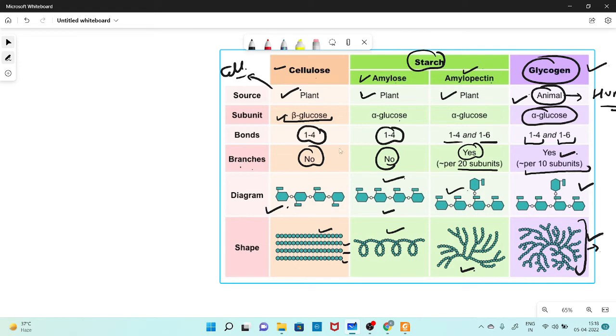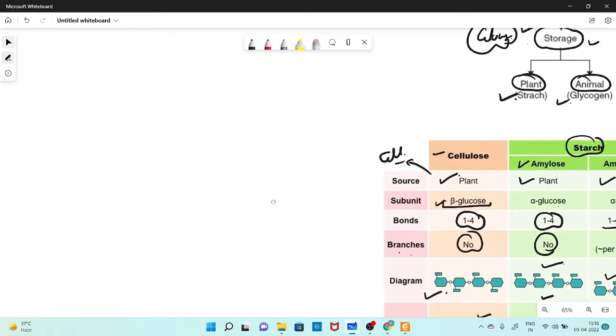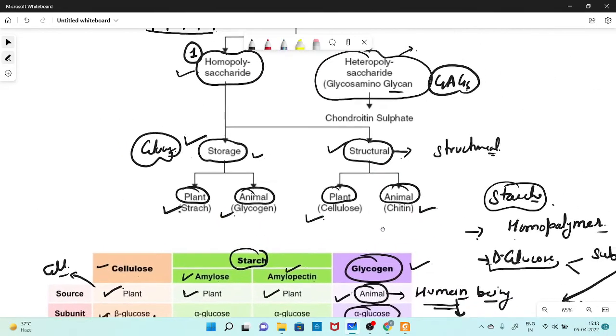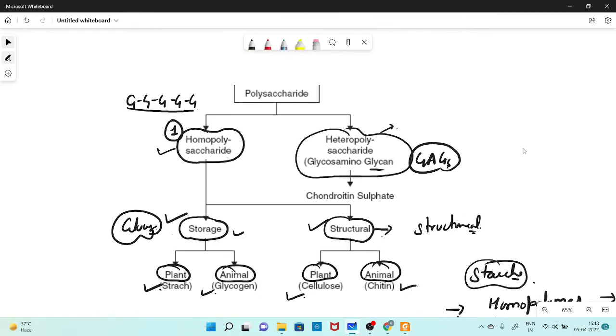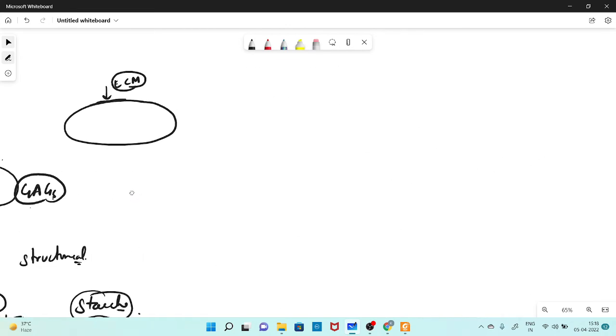So now let's talk about the heteropolysaccharides. As I told you, they are also known as GAGs or glycosaminoglycans, right? If this is your cell, they are present in the extracellular matrix, ECM, between the cells, right? They have some important features.